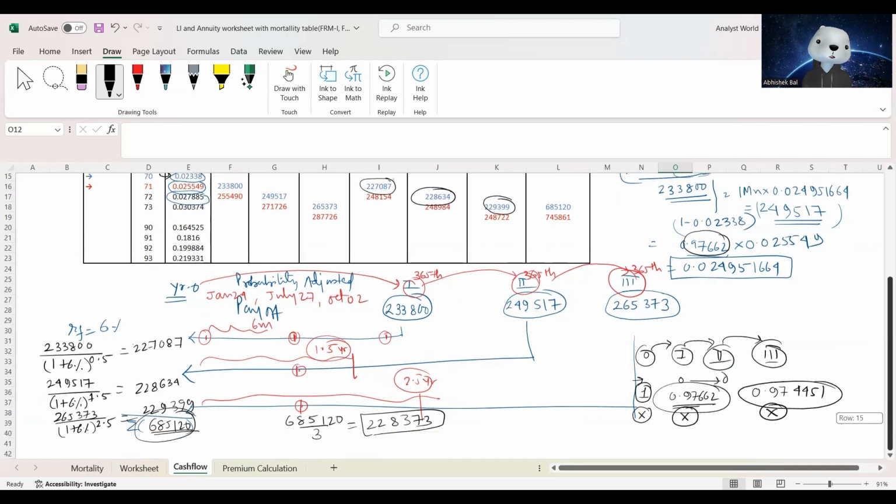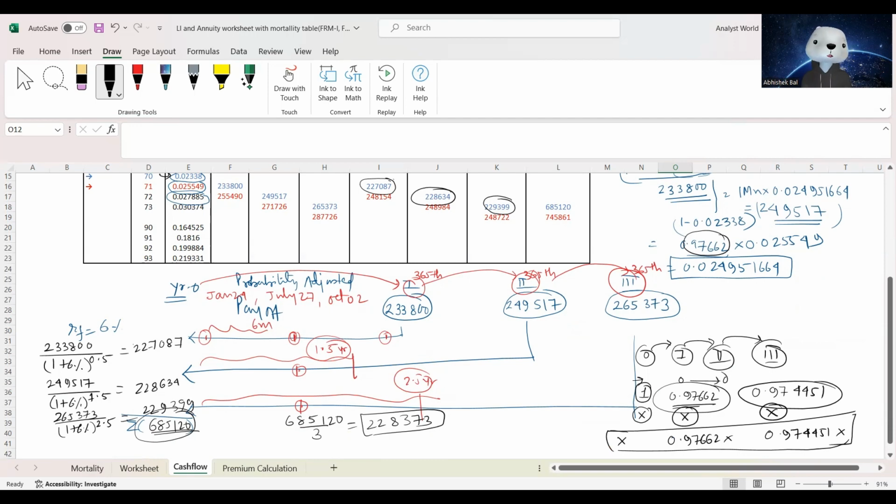So what is the probability adjusted premium that he pays over the next 3 years? Well, that's simple. All that we have to do is to multiply them to find out the probability adjusted way. The first year is going to be X. The second year it is going to be 0.97662X. And the third year it is going to be 0.974451 into X. Right. Now that we have the premium being paid on a probability adjusted basis for all the 3 years, all that we have to do is to add all of them.